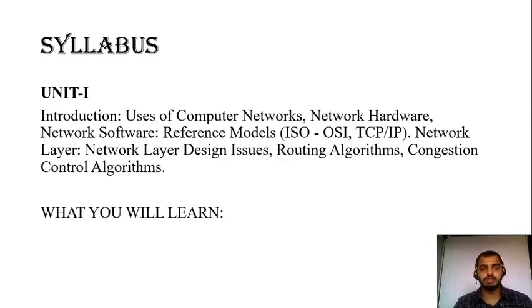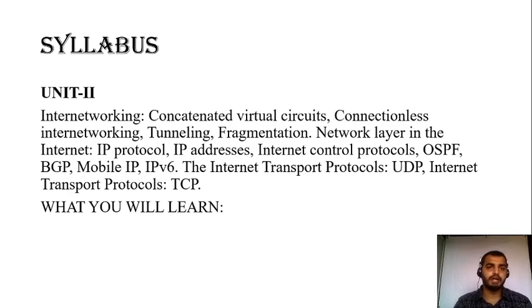Now coming to the syllabus. The first unit deals with network introduction, routing, and routing algorithms. The second unit deals with internetworking, related to the data link layer, the second layer of the OSI model.